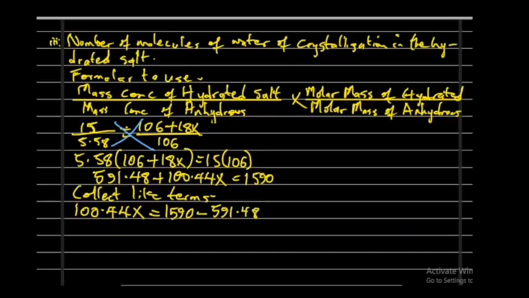So this is giving us 100.44x equals 998.52.